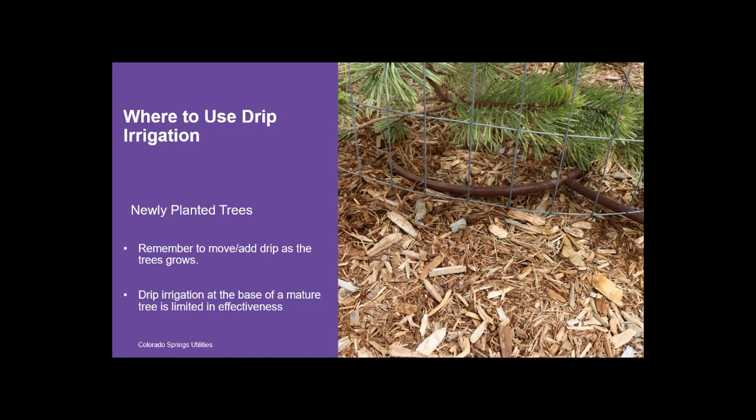Drip irrigation directly at the base of a mature tree is very limited in its effectiveness, just because as trees become mature, that rooting system is so expansive that if you're having drip irrigation right at the base or the trunk of the tree, the likelihood of that water being put to beneficial use is low. Those tree roots are so expansive that the tree is getting water from the drip line and beyond.